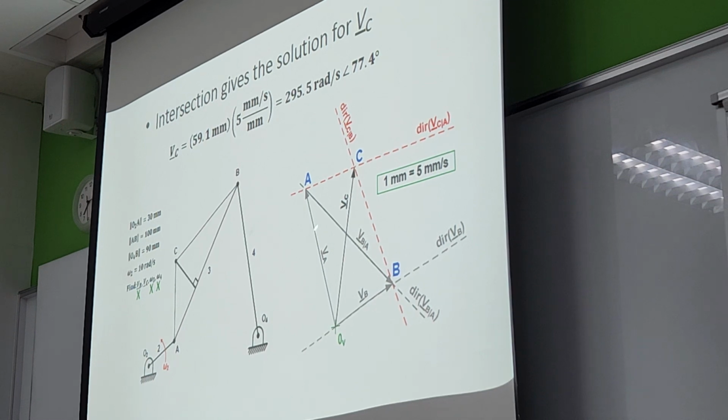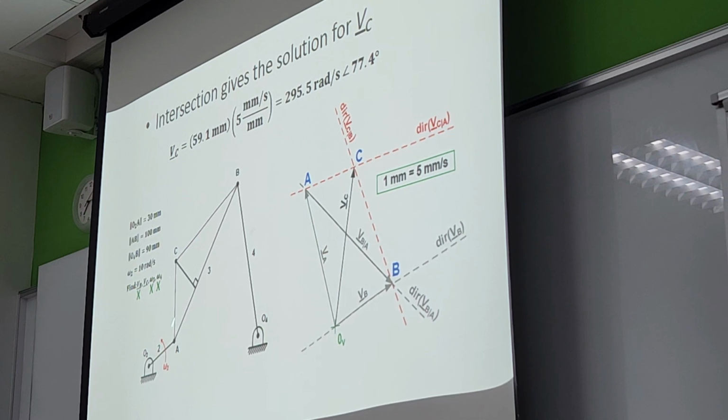Now you can see this is the link AB, you can see ACB. Similarly, you can also see here in blue ACB. Now, can you see any similarity between the triangles here? Here the triangle ACB is the geometric triangle based on the dimensions of the links. Here the ACB triangle is the velocity vector triangle.